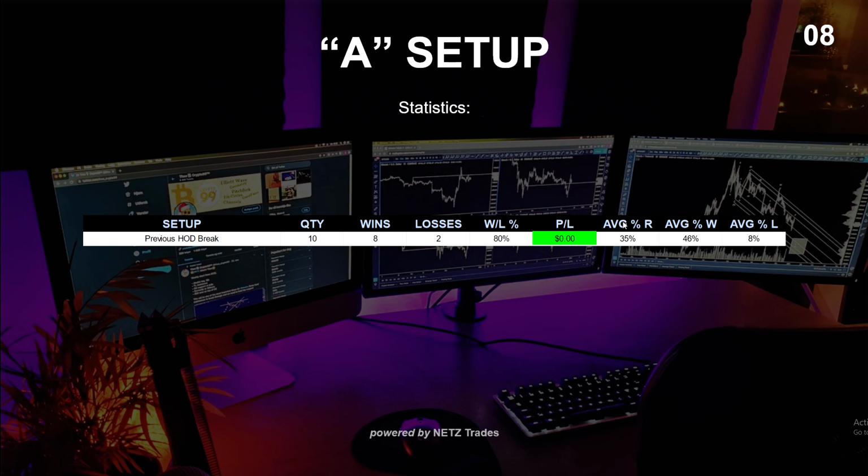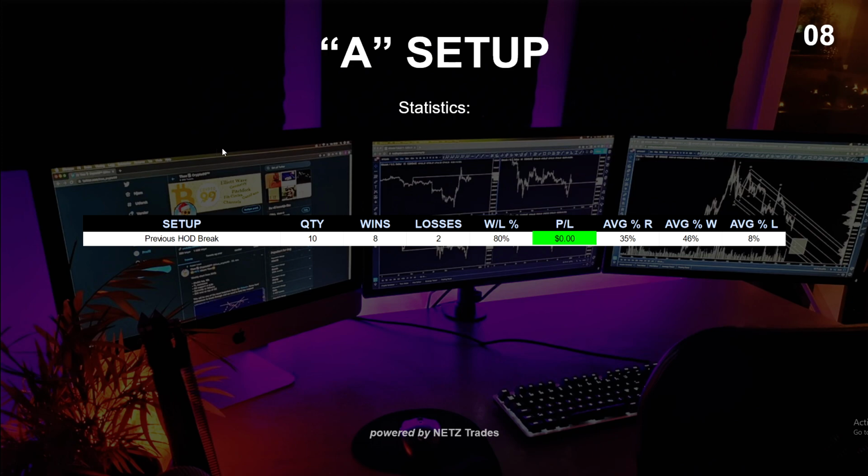But anyways, going back to this, our average percentage return, calculating these two combined, would be 35%. So our risk reward is pretty much 4-to-1, and our win percentage is 80%. So this is a very profitable setup, and that's why it's considered an A setup.